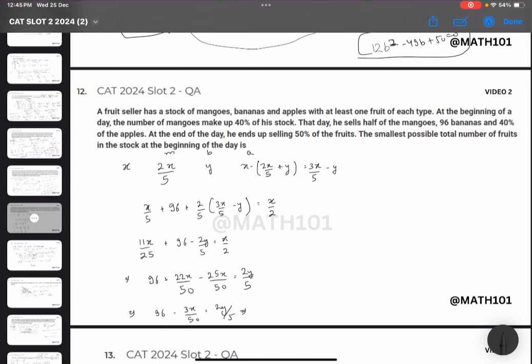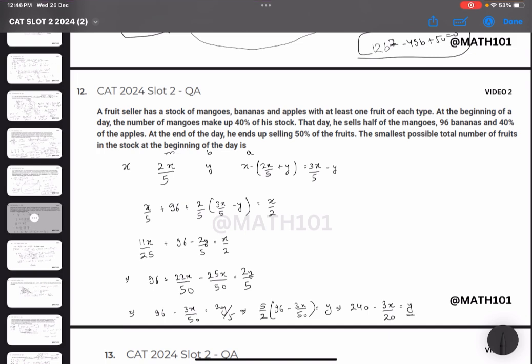Multiplying by 5 by 2 on both sides, we get 5 by 2 into 96 is 240. 3 by 50 into 5 by 2 is 3 by 20 multiplied by x equals y.